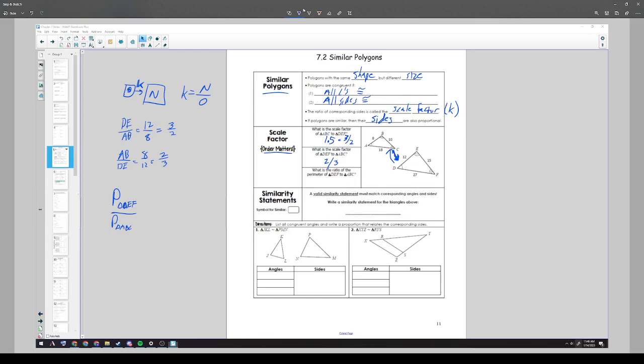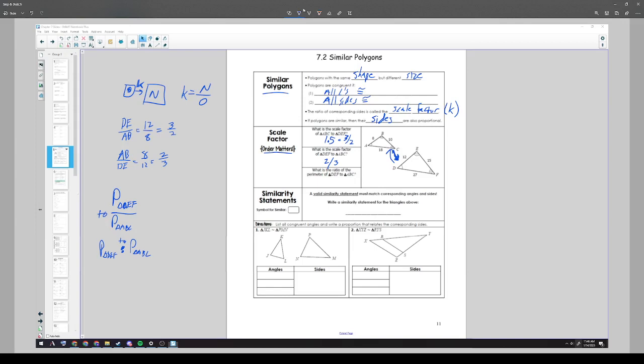This dividing line means "to." We can also think of it with the colon. We could say perimeter of DEF, again, this means "to," the perimeter of triangle ABC. This way is more palatable to me because it's like a fraction, but either of these will mean the same.